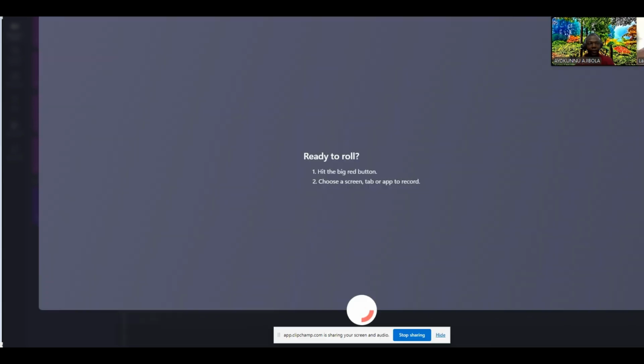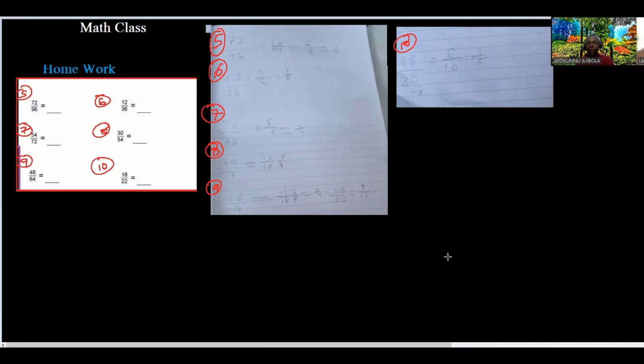Okay, this is the homework. We're gonna check it now. The first one says 72 over 96. And if I can see your answer, that's 3 over 4, right? Yes. Okay, good. 3 over 4. Let's check it out. If I divide 72 by 4, I have 18 over 24, which is correct.